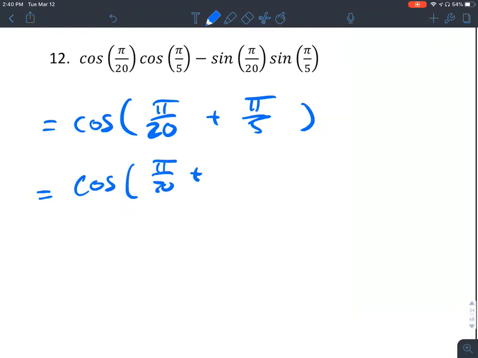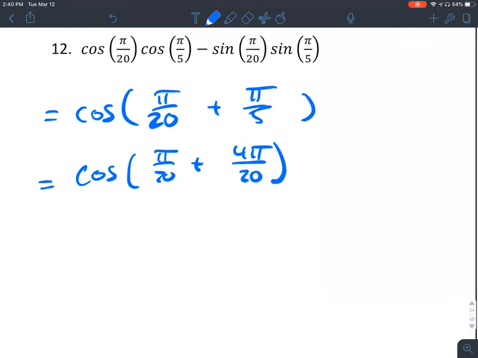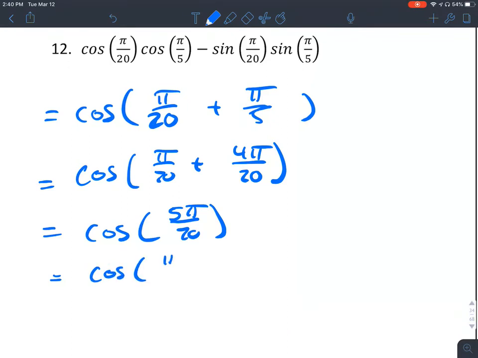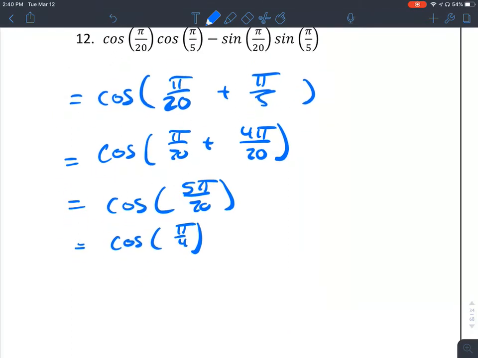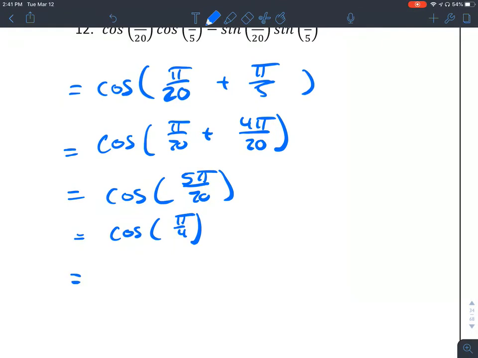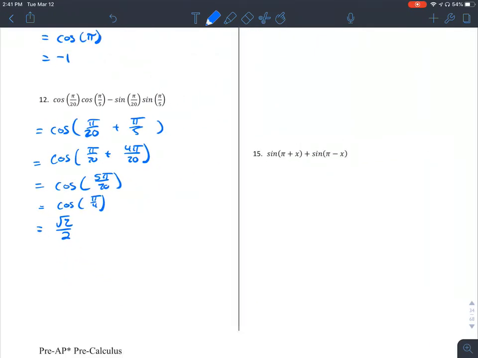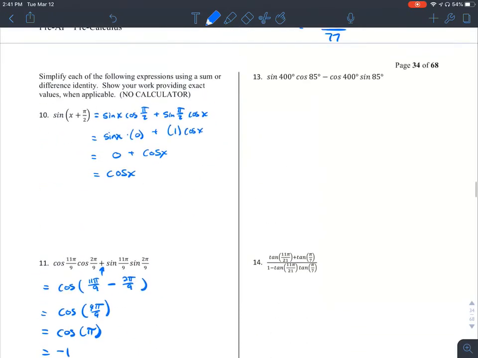It's pi over 20 plus 4 pi over 20. That's going to give us cosine of 5 pi over 20, which is cosine of pi over 4, which is in quadrant 1. Cosine of pi over 4 is positive square root of 2 over 2. More, yay! Number 13.